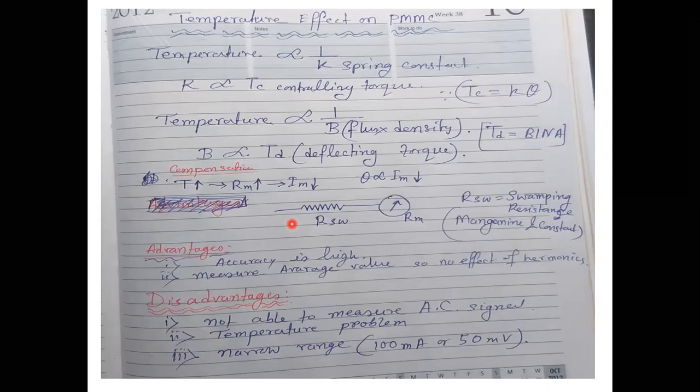So the temperature range is also mentioned there, because with a swamp resistance it will act well in this type of range where the temperature varies. Okay, this is the main effect of the temperature on resistance.